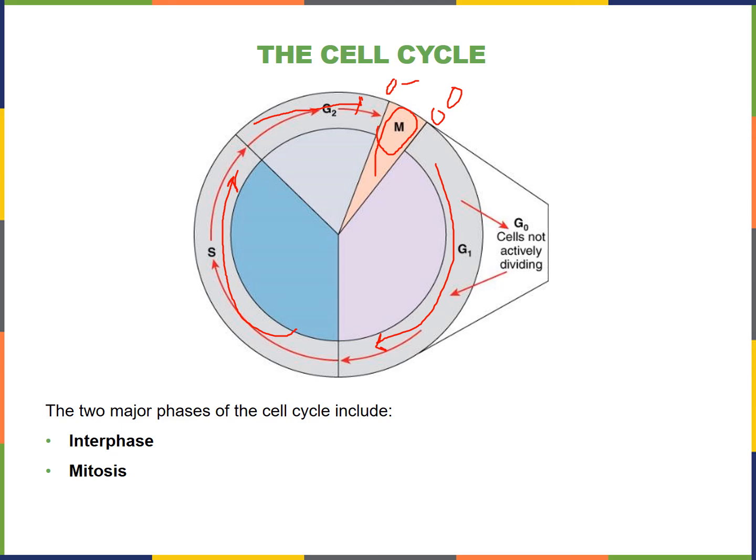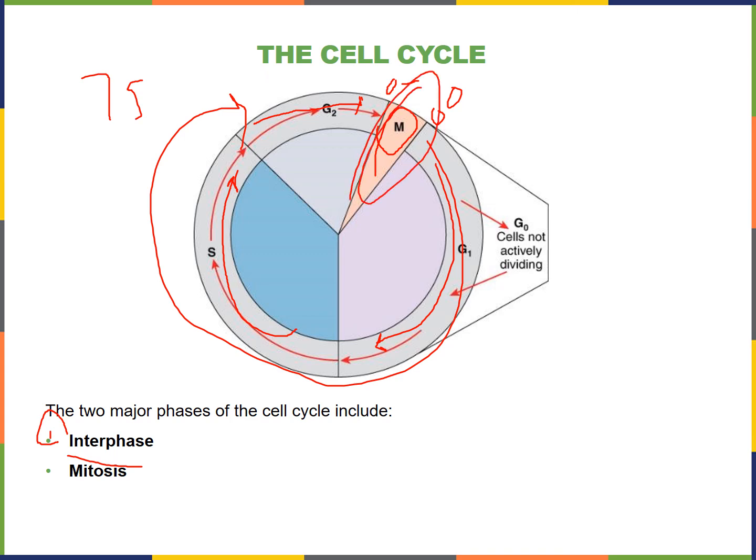There are two main parts of the cell cycle: interphase, the big gray one, 75%, and the mitotic phase, the actual split or copy of the cell, which we call mitosis.